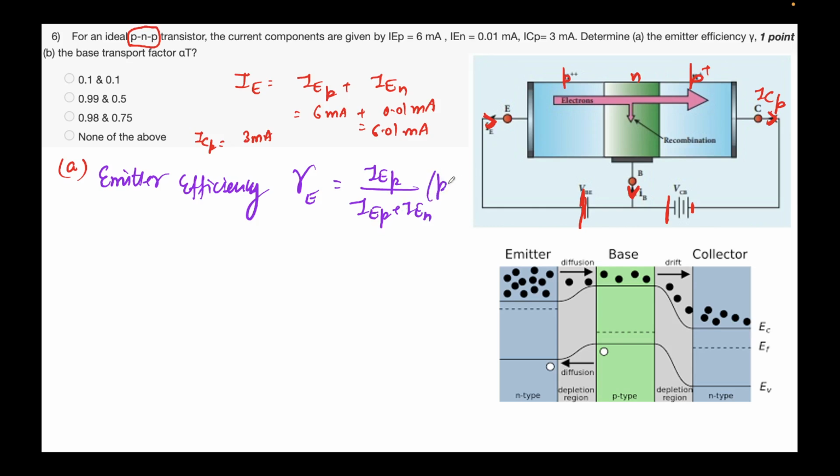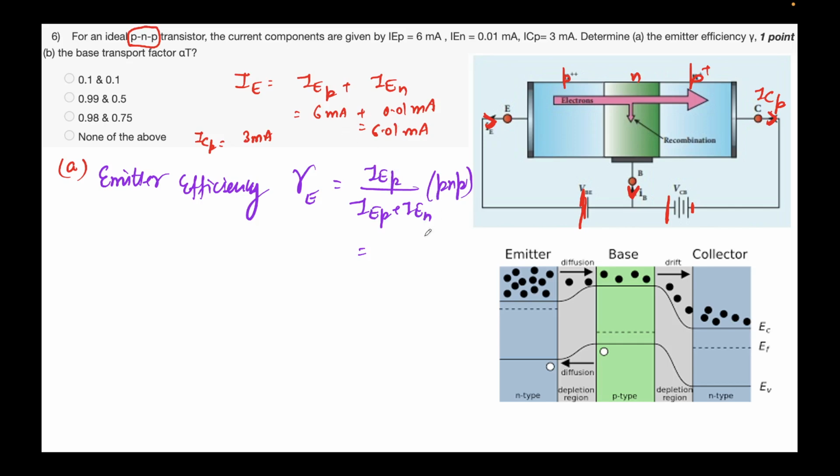This is for a PNP. The majority charge carriers are holes, that's why we put them in the numerator, and the total emitter current is put in the denominator, since we are interested in hole current. For an NPN, it will be IEN over IEP plus IEN.